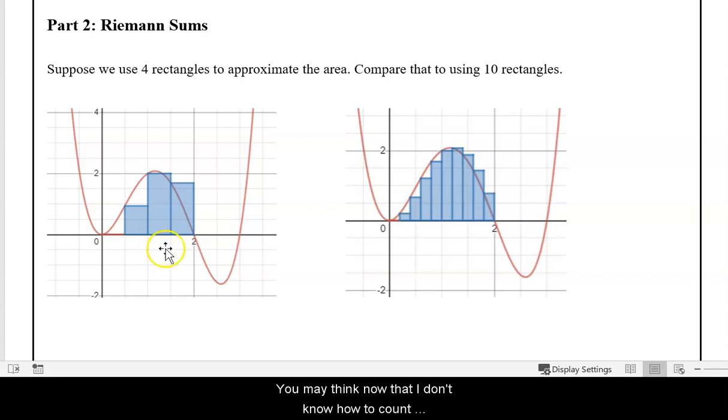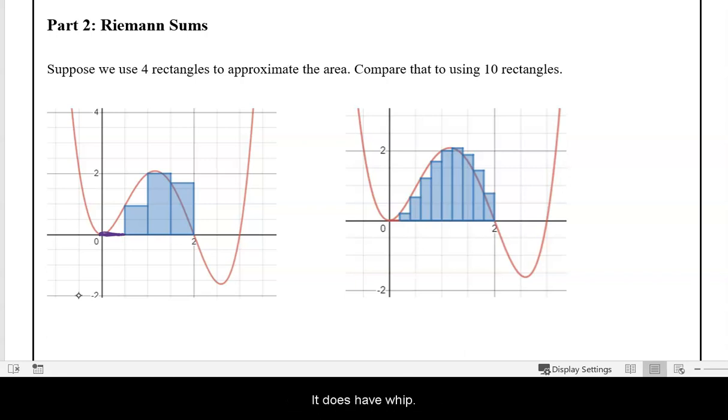You may think now that I don't know how to count because you only see 3 rectangles and I definitely said 4. The problem with the left Riemann sum is that in this case, since the left endpoint has a y value of 0, this becomes what we would call a degenerate or trivial rectangle, where it is actually just sitting flat, like a flat piece of cardboard on the x-axis.